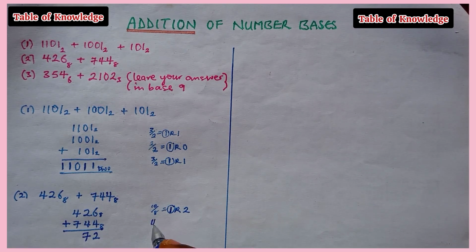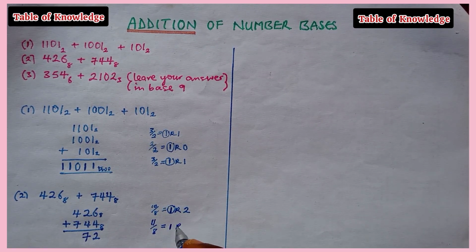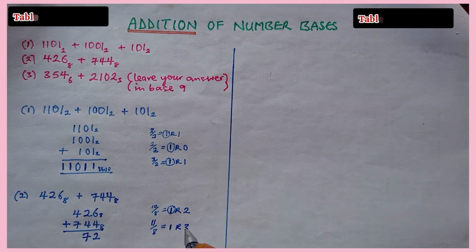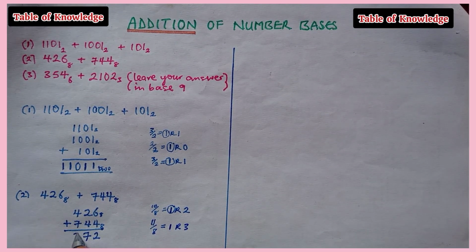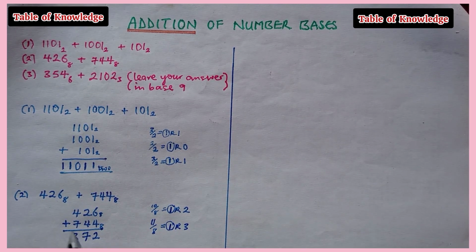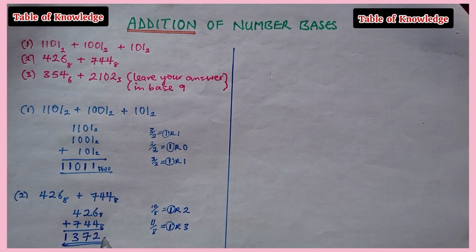So we have 11 divided by 8, which is 1, remainder 3. We can write down the 3 and then carry 1, which is the whole number. But there is nothing here again to add. So we simply write down the 1, because the 1 itself is less than the base, so we can write it down. The answer becomes 1372 in base 8.